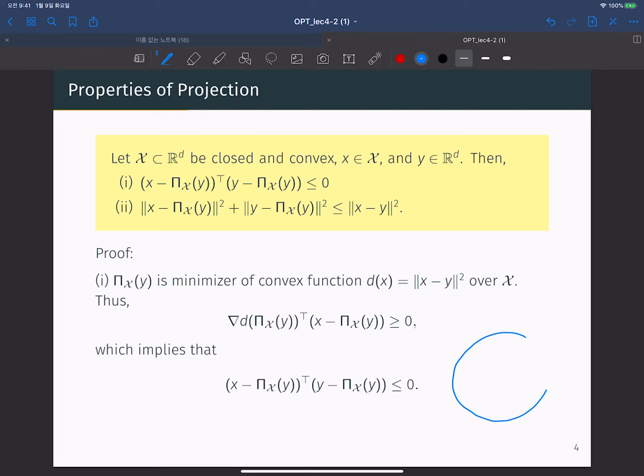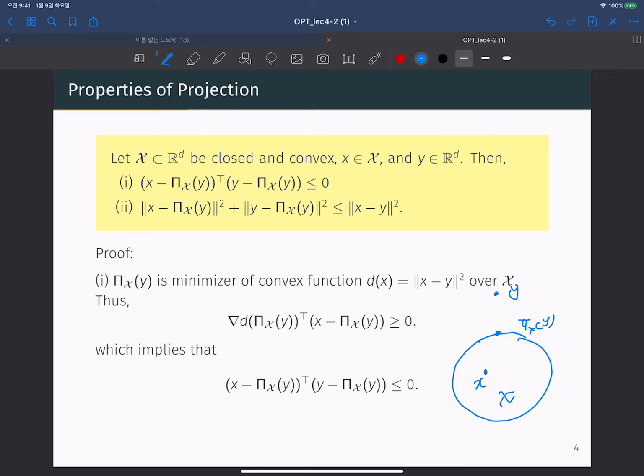There is constraint set X, and let's say this is point x in the convex set, and let's say y is outside the convex set, and this is the projected point, so pi_X(y).